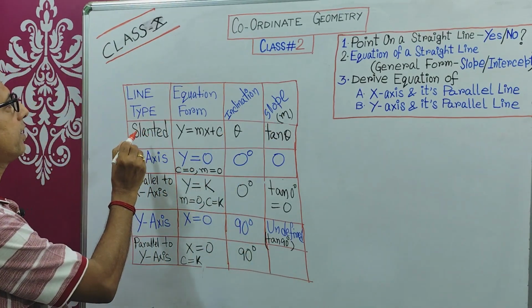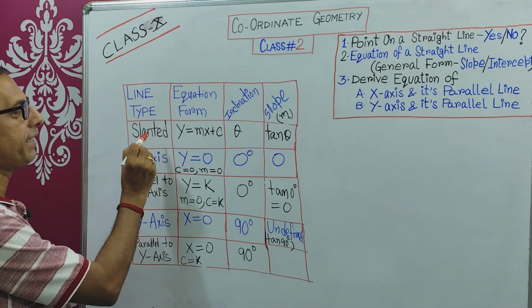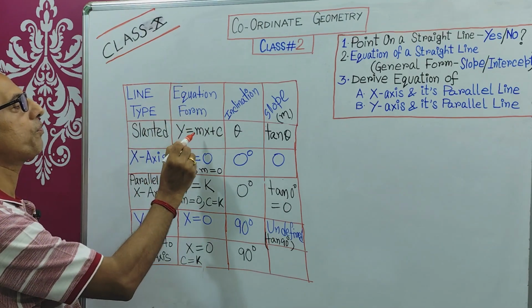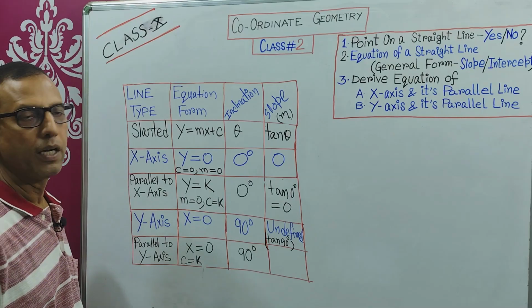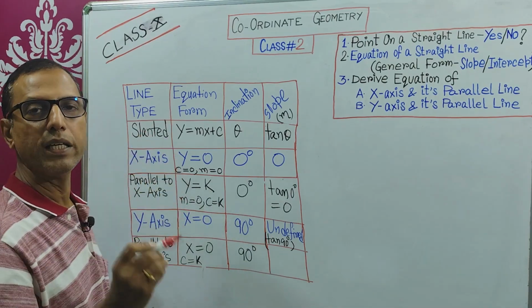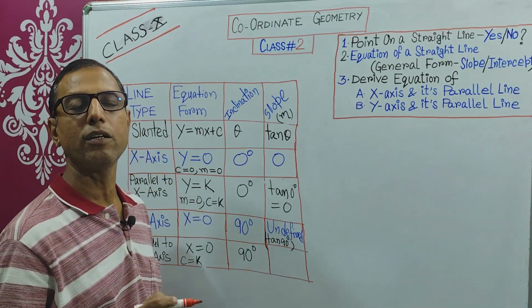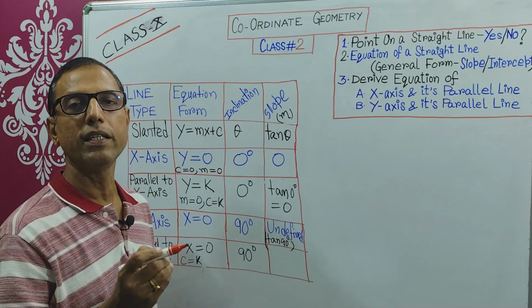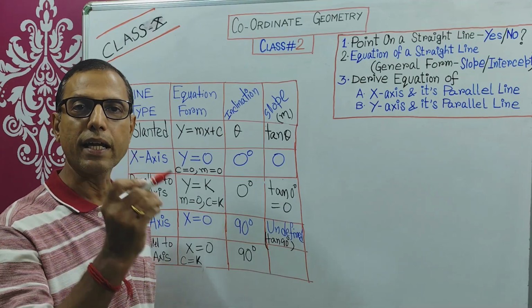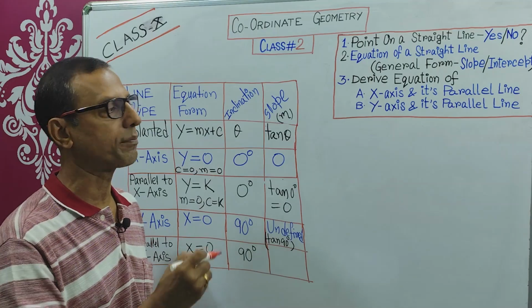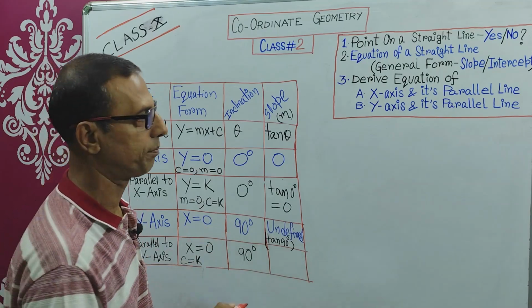The first one is line type slanted, and the equation form is y equals mx plus c. Slanted means this line is not parallel to the x-axis or y-axis. It is intersecting both the x and y axes, which means it has both x and y intercepts.